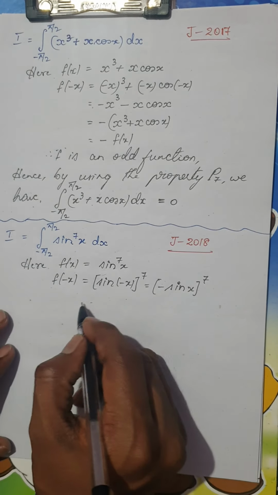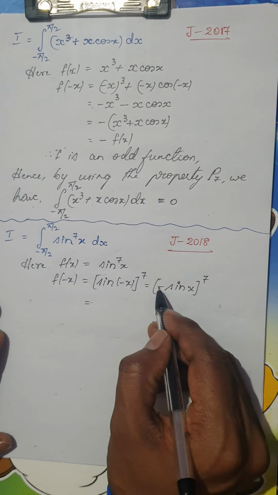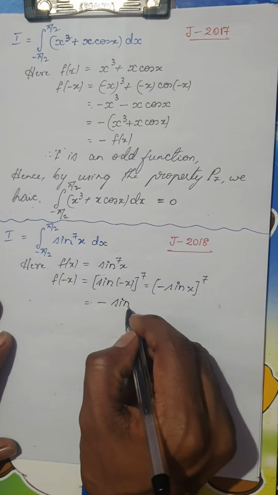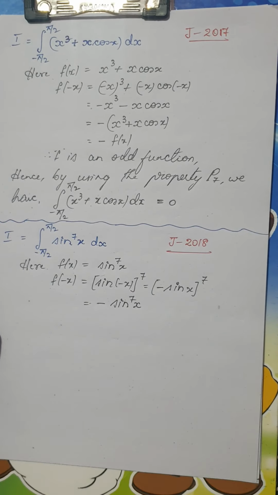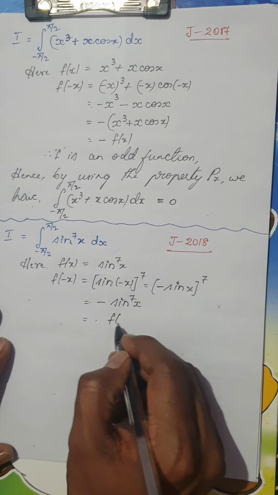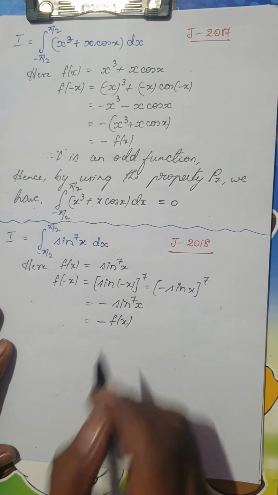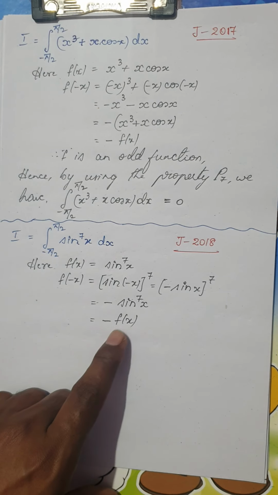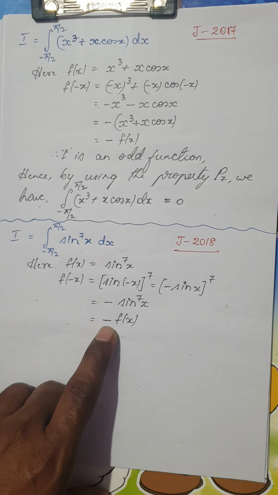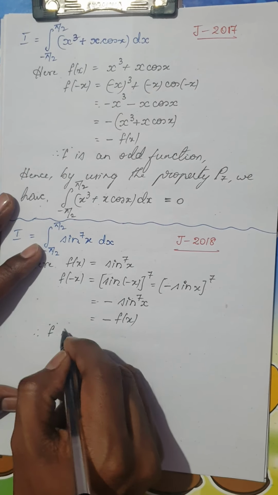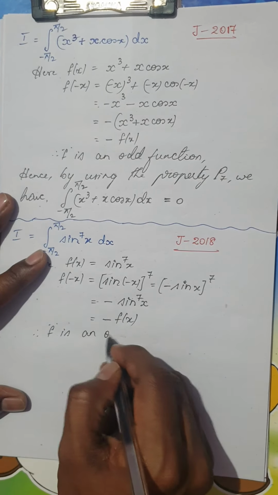Remember, power is odd, so minus will remain as it is. Now this is nothing but sine power 7x, which is f of x, but outside I have minus. So I started with f of minus x, and f of minus x becomes minus of f of x. Therefore here f is an odd function.